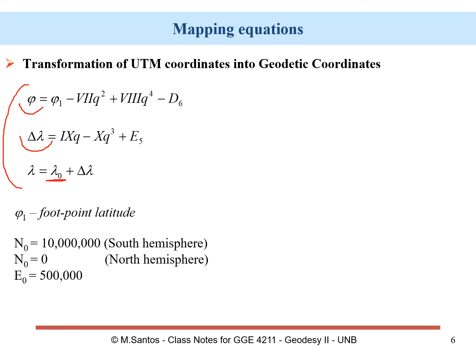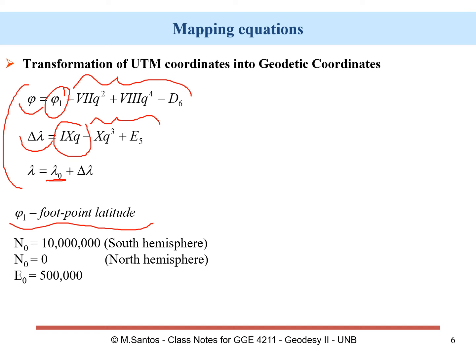So here we have phi prime, which is the footprint latitude. We discussed that before, and I'm going to explain again. This is the main term, and we can see these other terms as a correction. For the longitude, we also have this term, q, as the main term, and the rest can be seen as a correction.